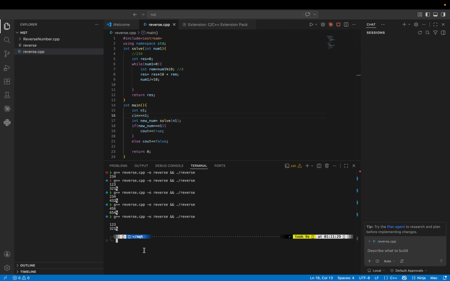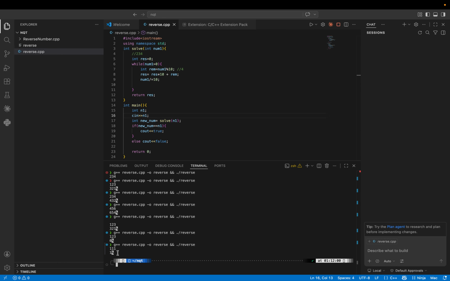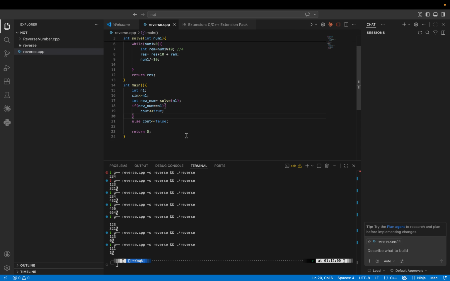Autosave is I guess not enabled here. So this is 1 2 3. Okay, 0 means false. If I would have given 1 1 1, wait, first run this with 1 1 1, then here it gave me 1, because of course here we have used this integer, so it gave me a 1.